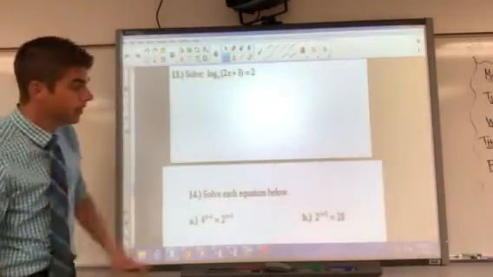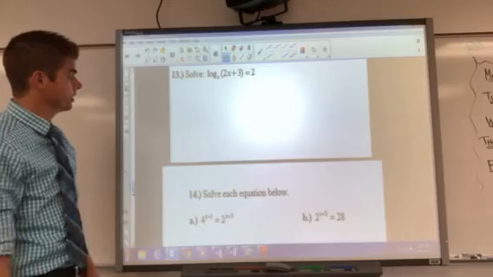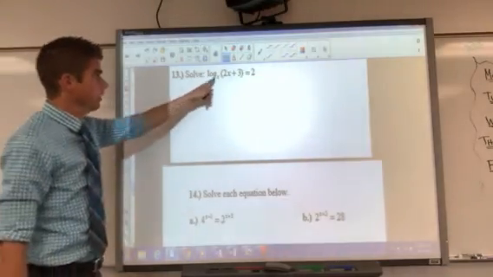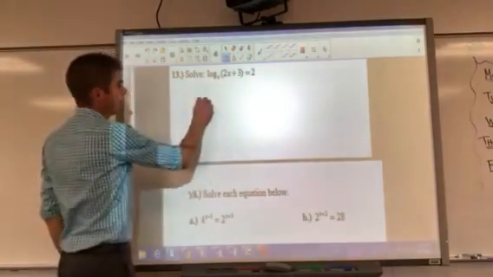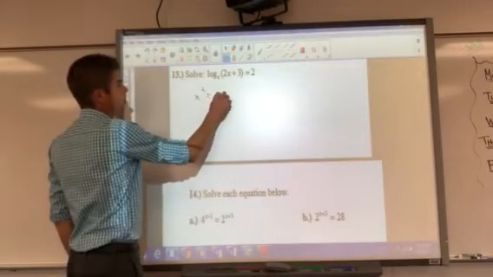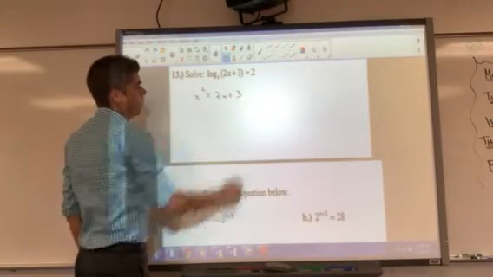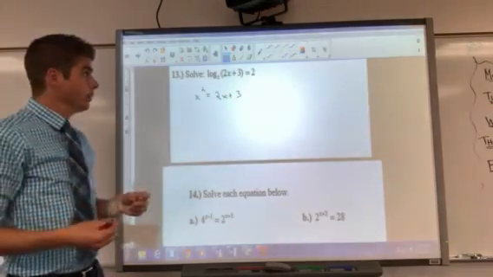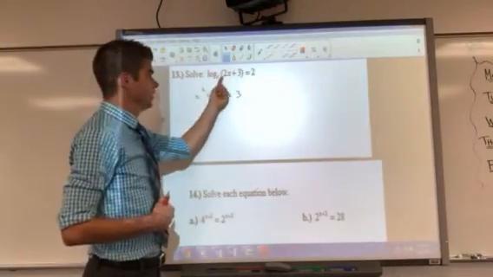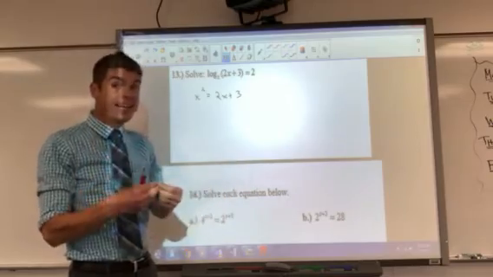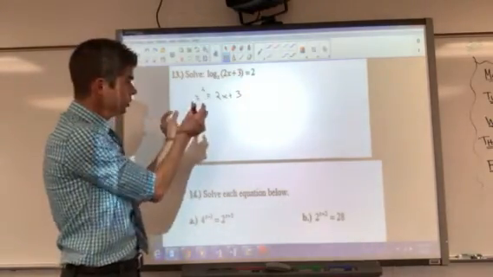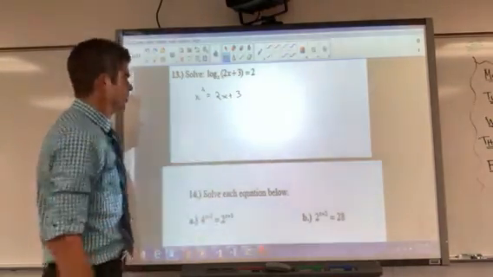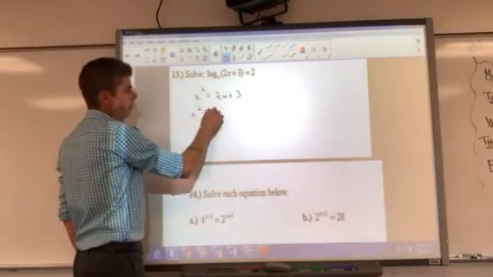Okay? And then our last example for this so far, I'll do x to the second power is equal to 2x plus 3. And already it's quadratic, so I'm anticipating two solutions. But there's an x here and an x here, and I've got to be cautious that if I get negative values in those positions, I'd have to throw them out as extraneous solutions.